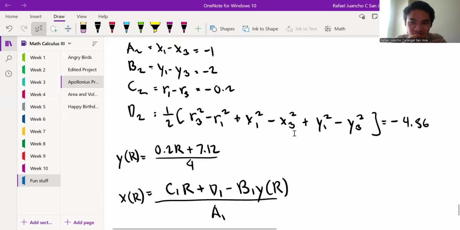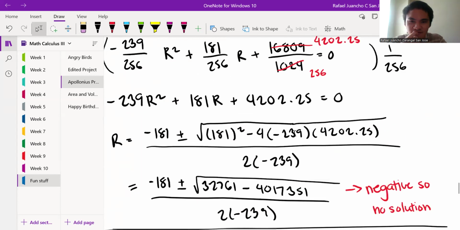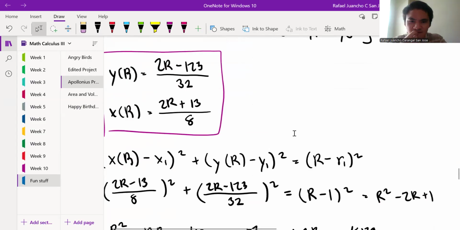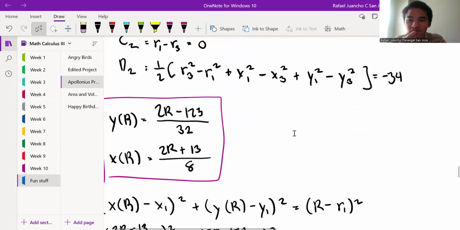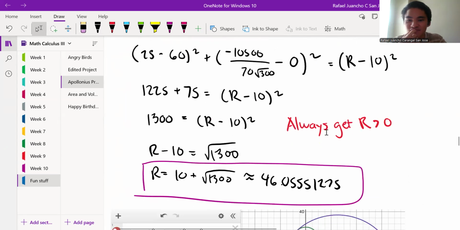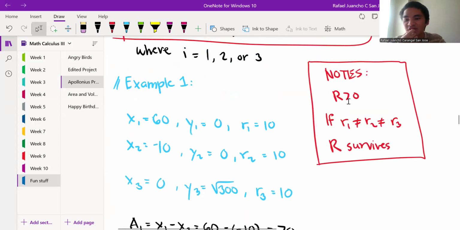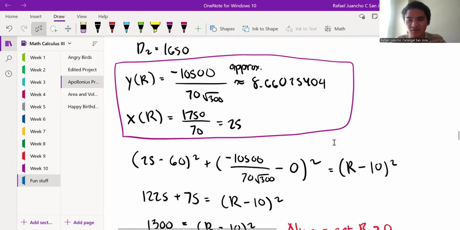Should work. That was the assumption. The two conditions are that my r has to be greater than 0, and my radiuses have to be equal.